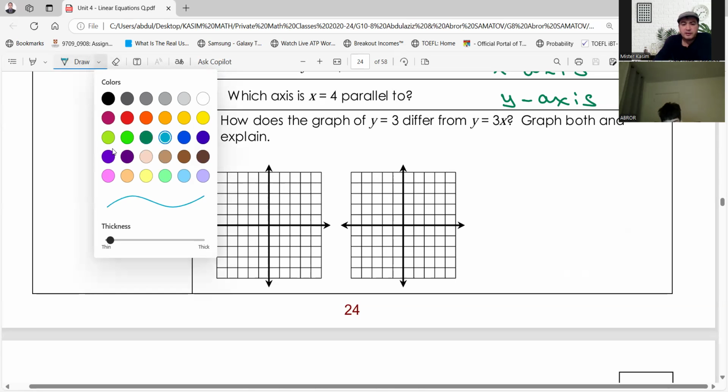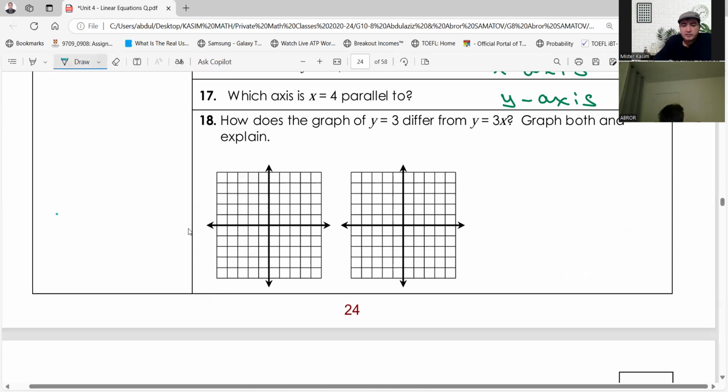Where is it? 1, 2, 3. It is here. So that is the graph of the line y equals 3.